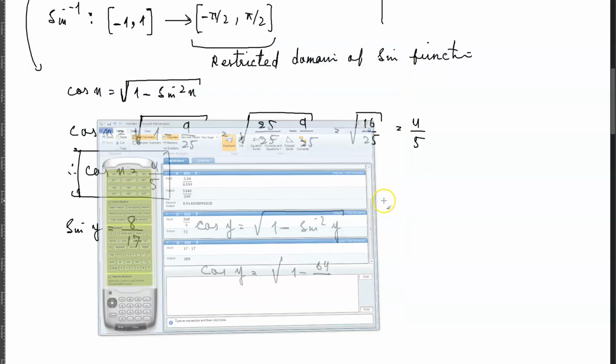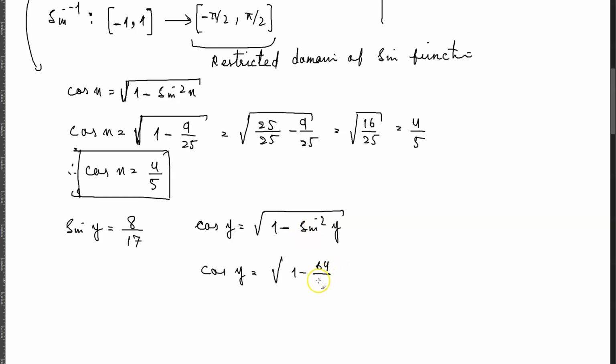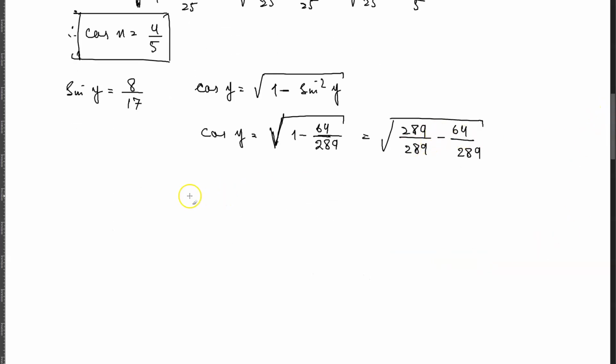289. So that is 289. And then I can write this as the square root of 289 by 289 minus 64 over 289, and that gives me, what is 289 minus 64?